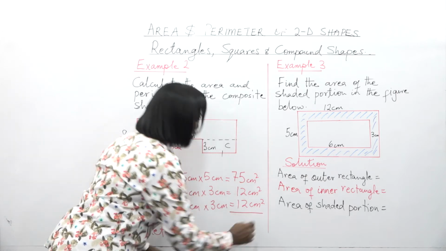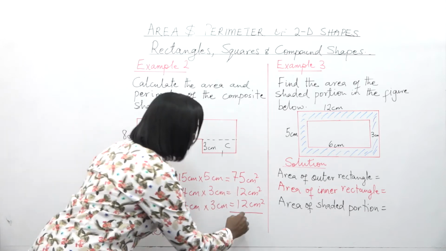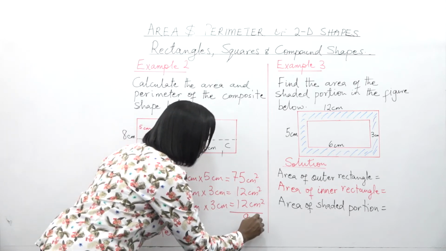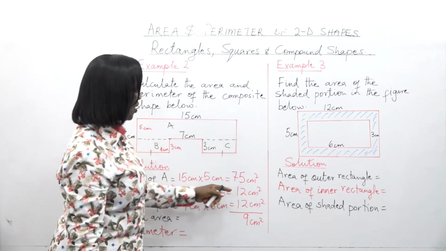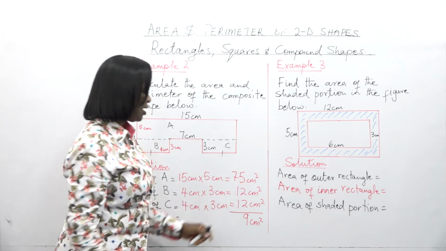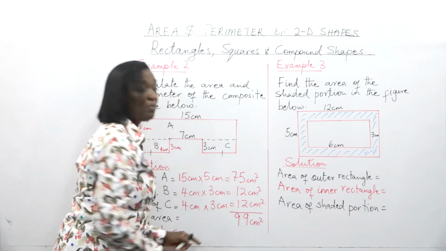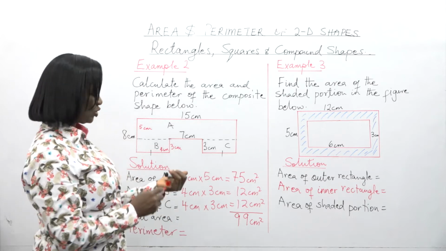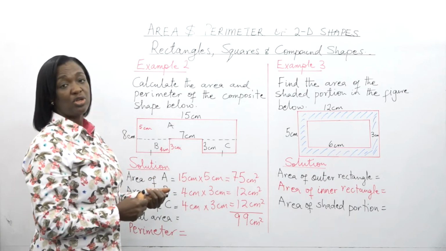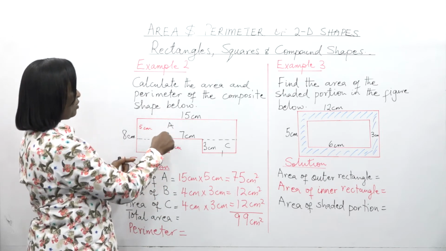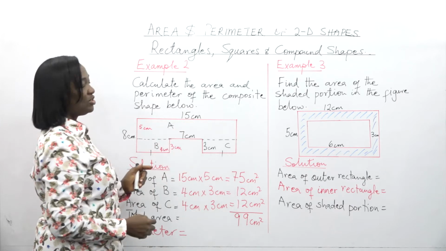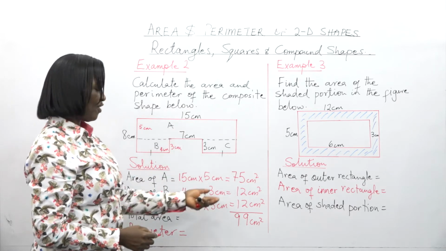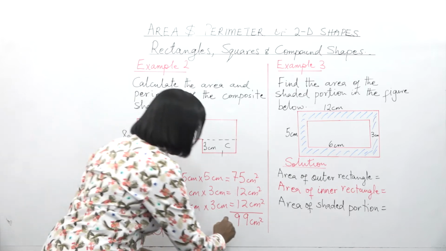And that would give us 4 plus 5 is 9. 7 plus 1 is 8. And 9. So the total area of the shape is 99 centimeters squared. Try it out on your own by splitting the shape vertically to get your A, B, and C. And you'll find out that the answer will be the same.